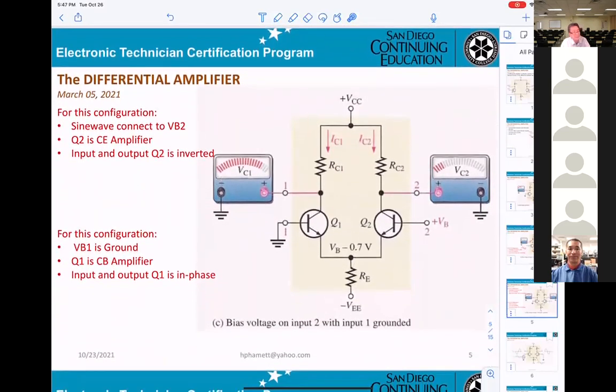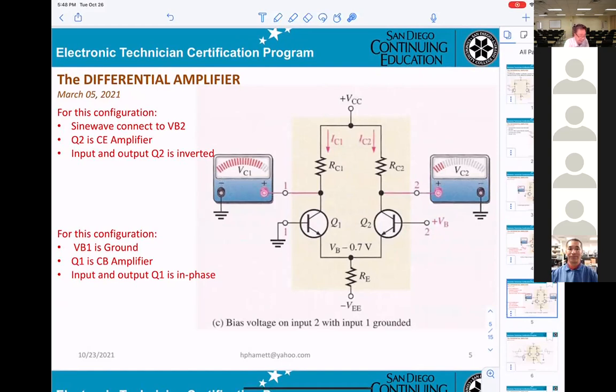This is the same thing. The only difference is now they apply the input to Q2, okay? And that tells you Q2 now will be a CE amplifier, and Q1 will be a CB amplifier.